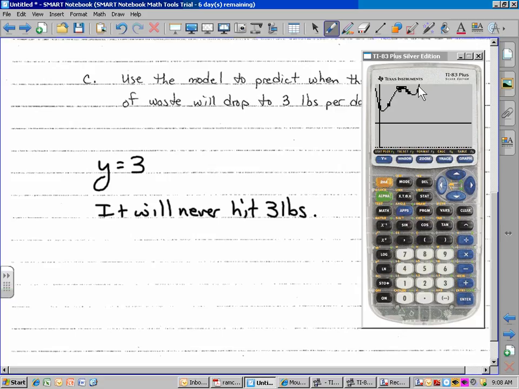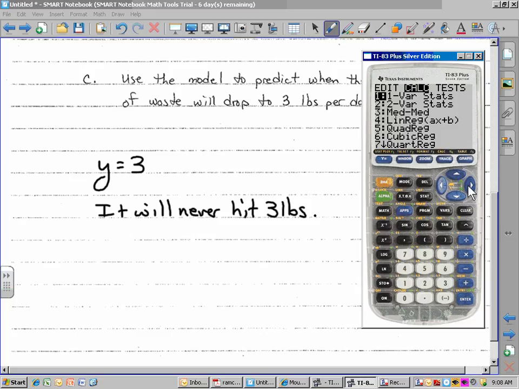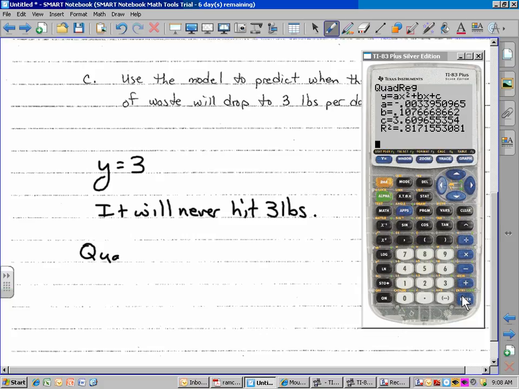So let's take a look at a different model and see if we can get this to work. The one that I'm thinking of is the quadratic. So I'm going to write down the quadratic. I know that wasn't the best r squared value, but I think this is going to give us a little bit better results for this application.